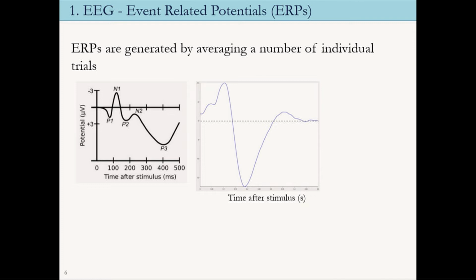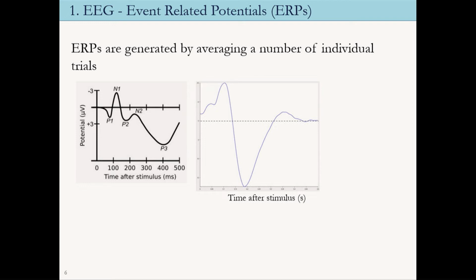So we have a positive deflection, and just again out of convention, in the EEG field, the positive things are depicted down and the negative up. So this is a positive voltage and this is a negative voltage. That makes things a bit complicated. So we have deflections and we are interested in the maximum amplitude of that.